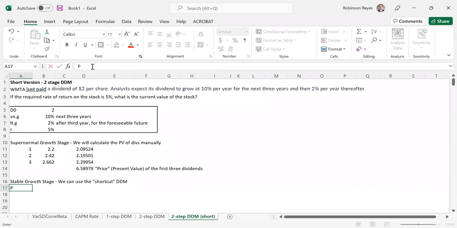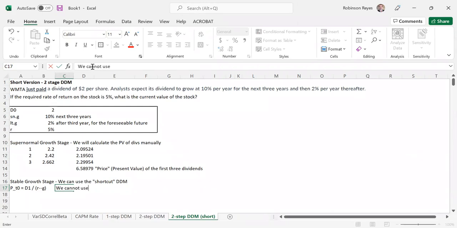We have P, the price at time 0, today, which will be equal to dividend D1, the dividend next year, divided by R minus G. Okay, so what we will do is, actually, we will not be plugging in D1.